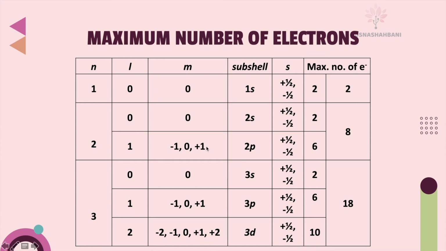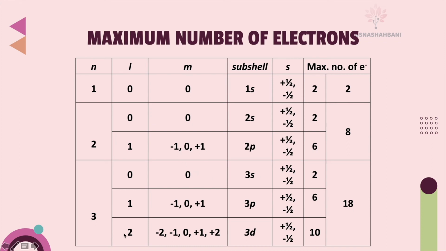So we have 3 different orientations. This is the p orbital, L equal to 1. So we have px, py, pz. This is 2p. In each orbital, 1, 2, 3, the maximum number of electrons that can be occupied is 2 electrons. So that's why in total we have 6.